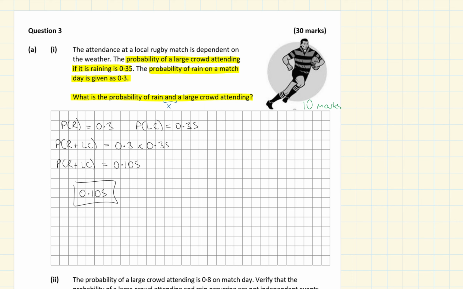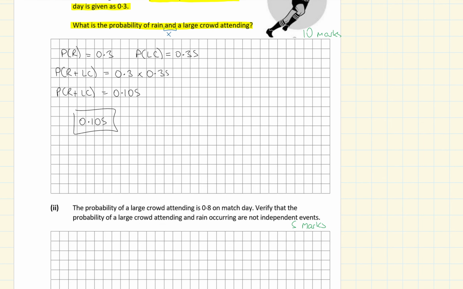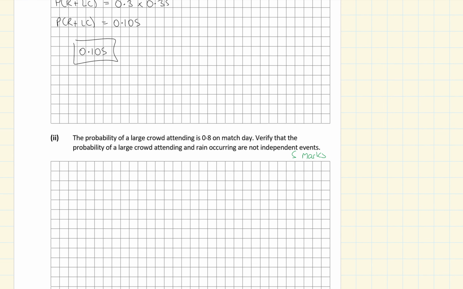Part 2 then, a little bit more here. They say the probability of a large crowd attending is 0.8, and we're asked to verify that the probability of a large crowd attending and rain occurring are not independent events.